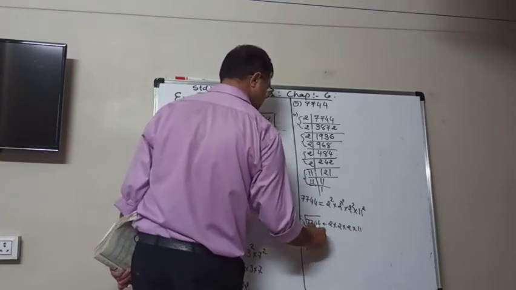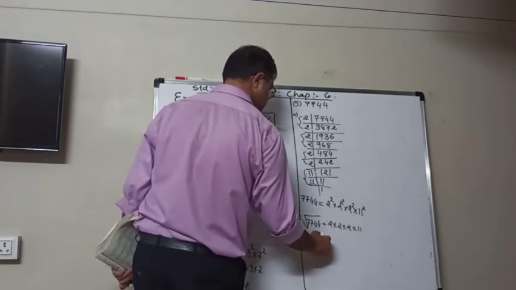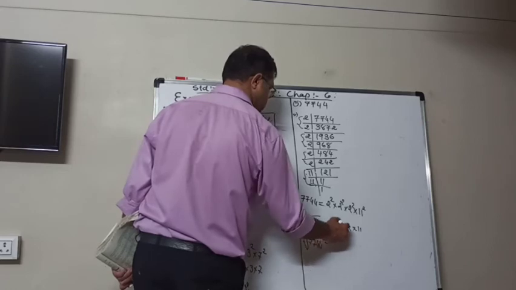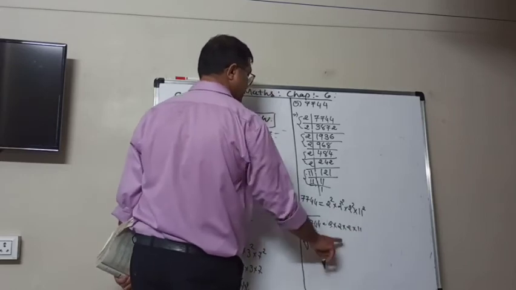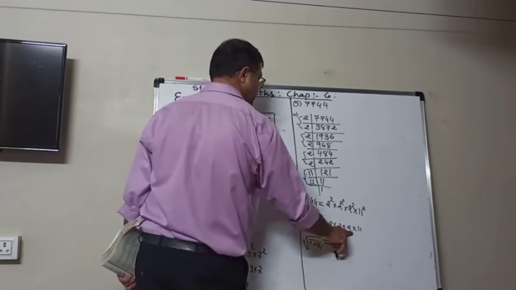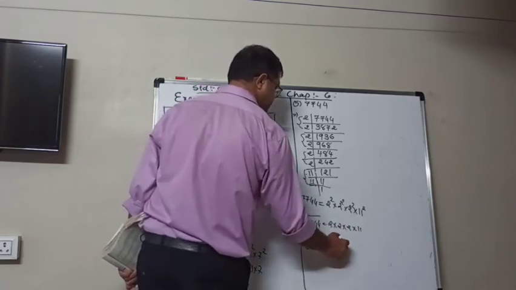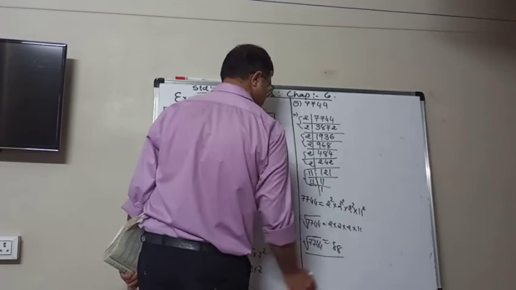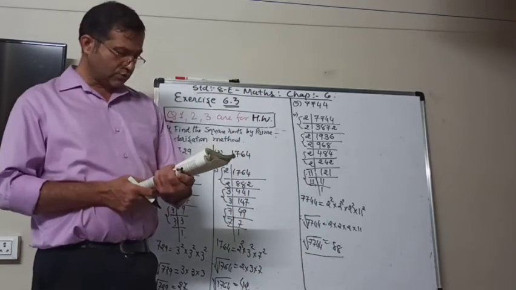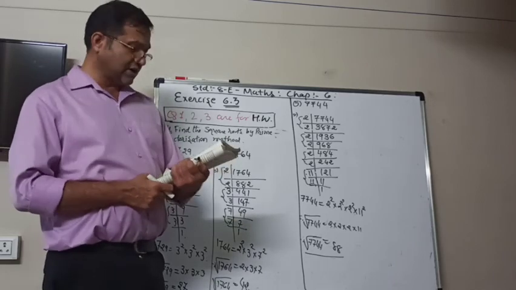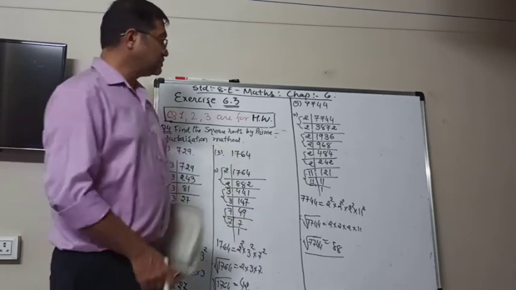Therefore, square root of 7744 is equal to 2 2s are 4, 4 2s are 8, 8 11s are 88. So square root of 7744 is equal to 88.